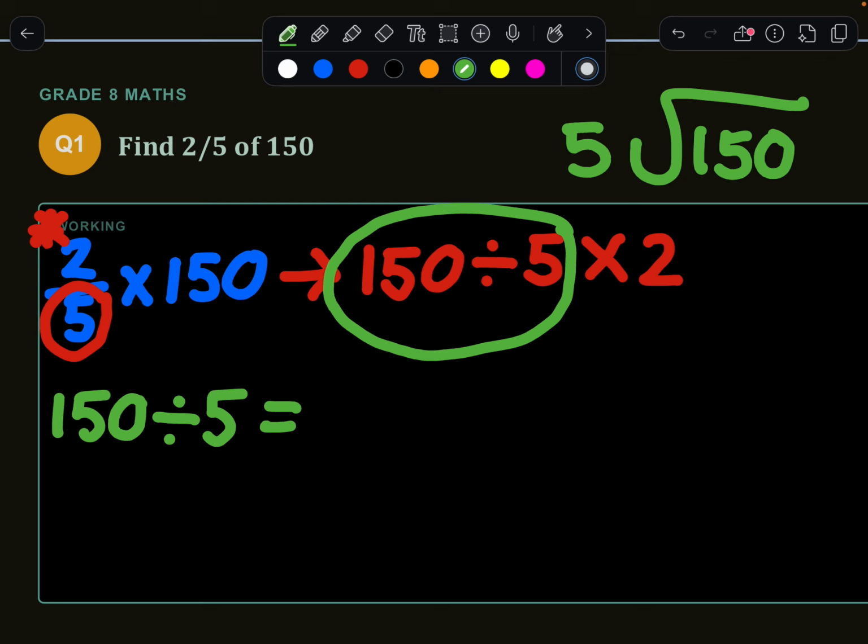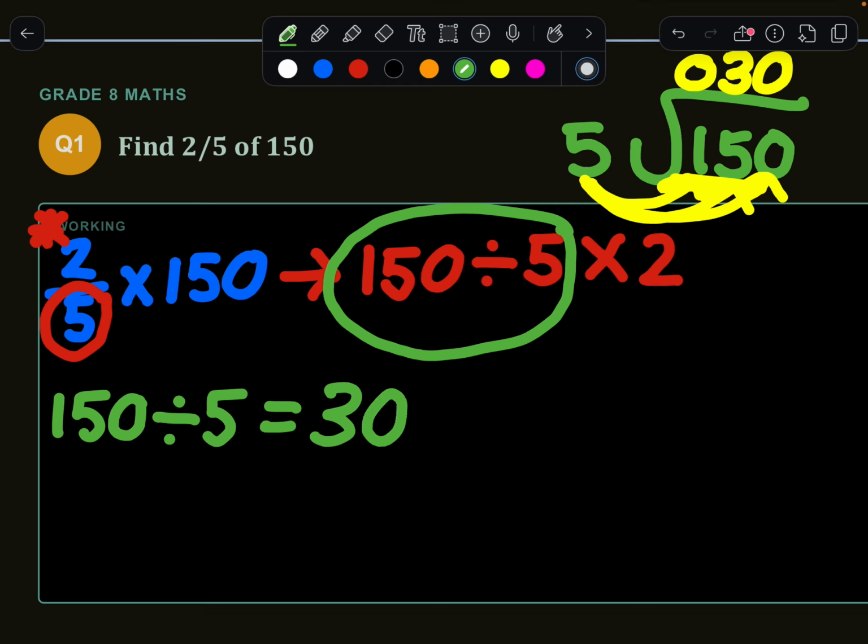So how many times does 5 go into 1? It doesn't go in there, so 0. How many times does 5 go into 15? It goes in 5, 10, 15. So it goes in 3 times. How many times does 5 go into 0? It does not go in there. So our answer to this part is 30. 150 divided by 5 is 30.